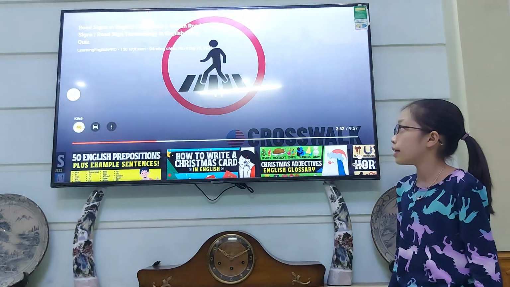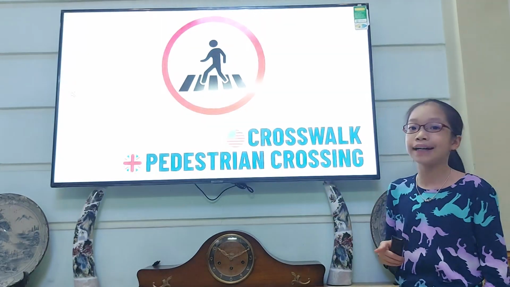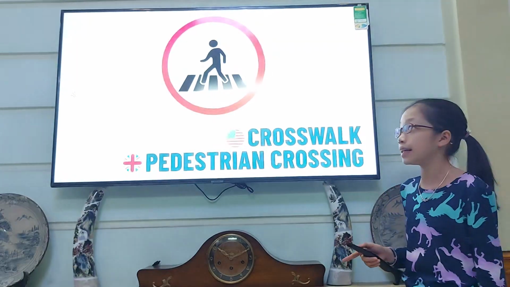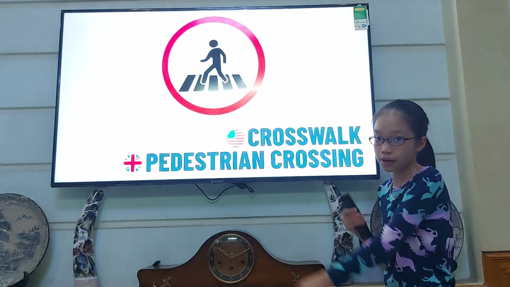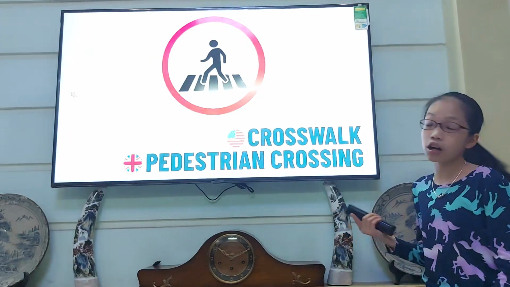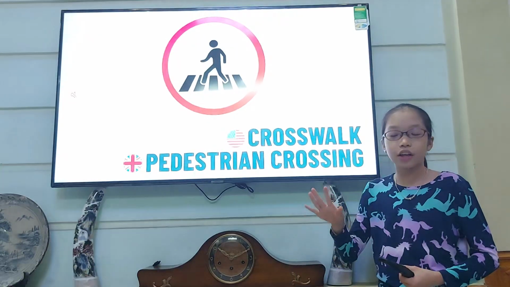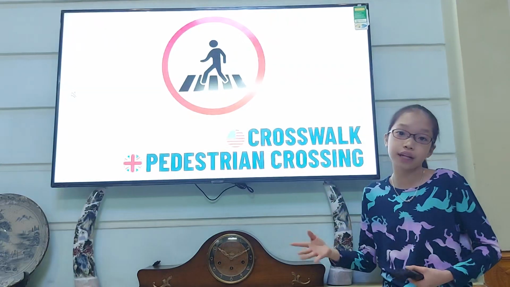And here, if you see this road sign, this is a circle road sign, which is black, white, and red. And you see a person walking across something. That means it's a crosswalk. You can cross there, and a car can't go past it because that road sign is only for pedestrians to walk there.